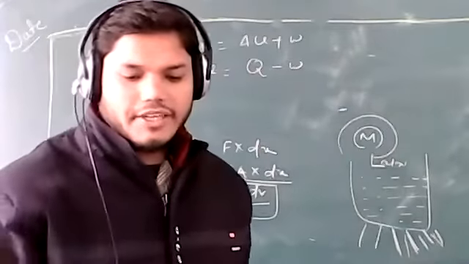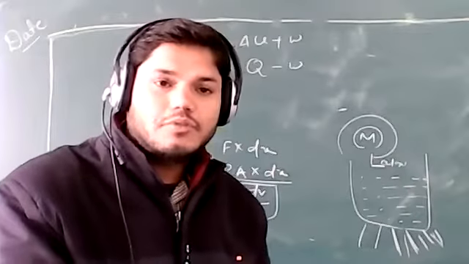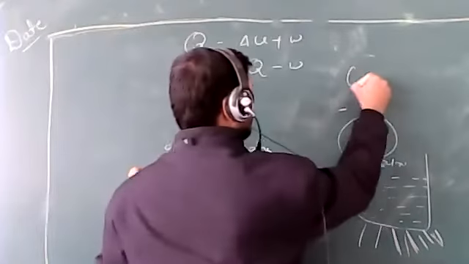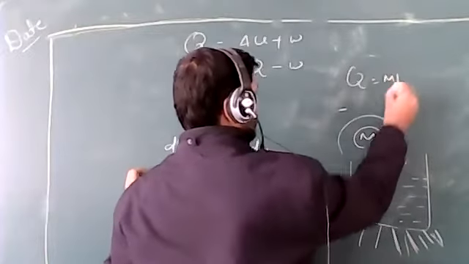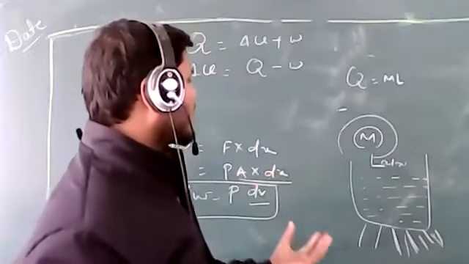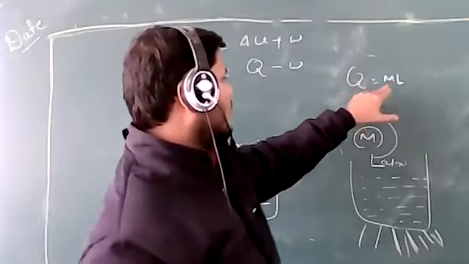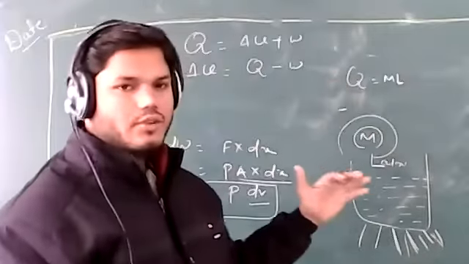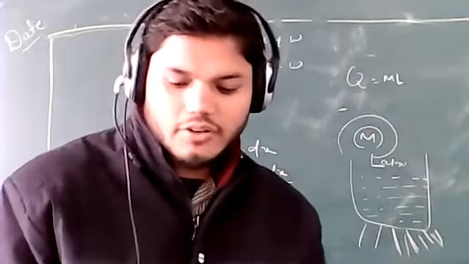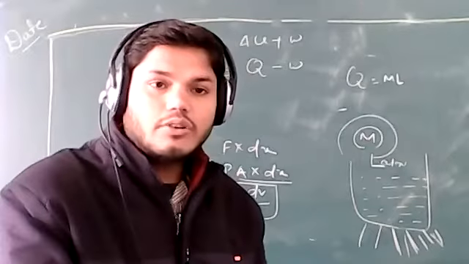In the same way, I have written one formula, Q equals m into L, in the expansion case. If I am giving heat to a body, in that condition Q equals mL, taken as positive. In the compression case, if water freezes into ice, the temperature falls, and whatever heat is released, Q equals minus mL, with a negative sign.